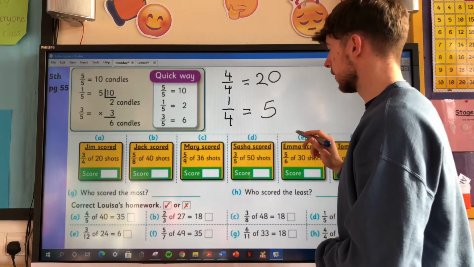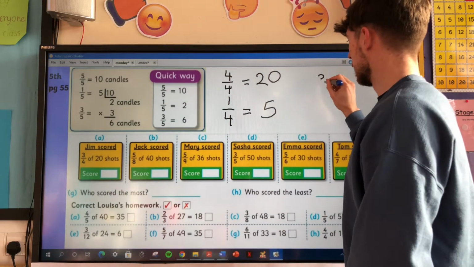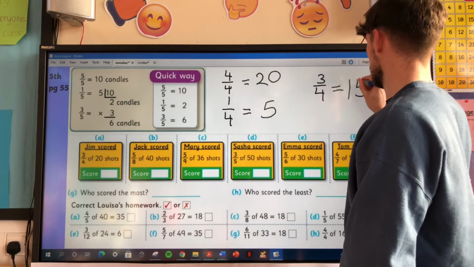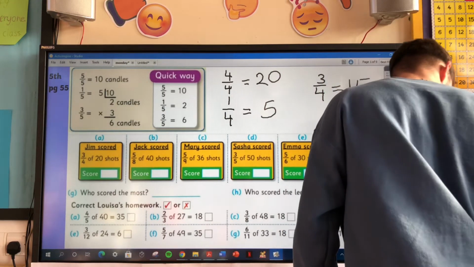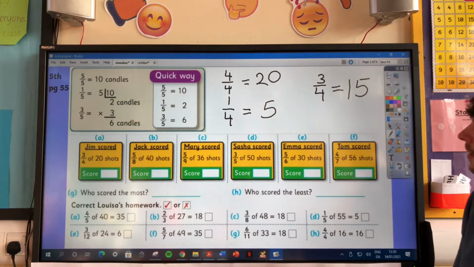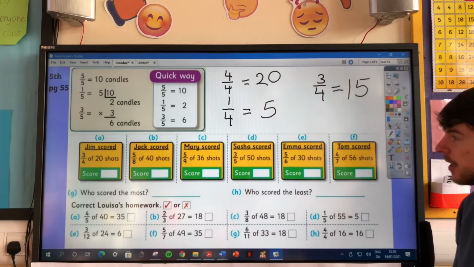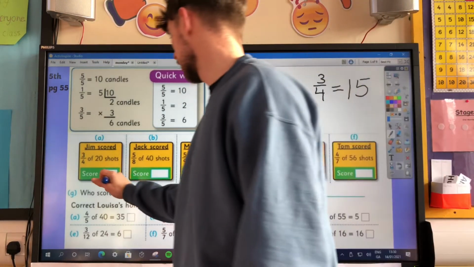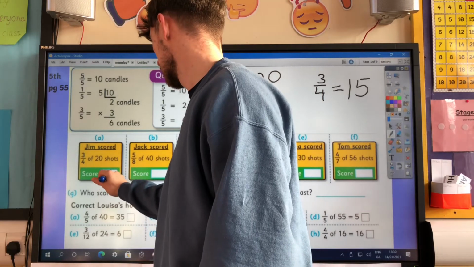So you multiply 5 by 3, and we get 15. That's how we find our fraction of our whole number. So our first score is 15.